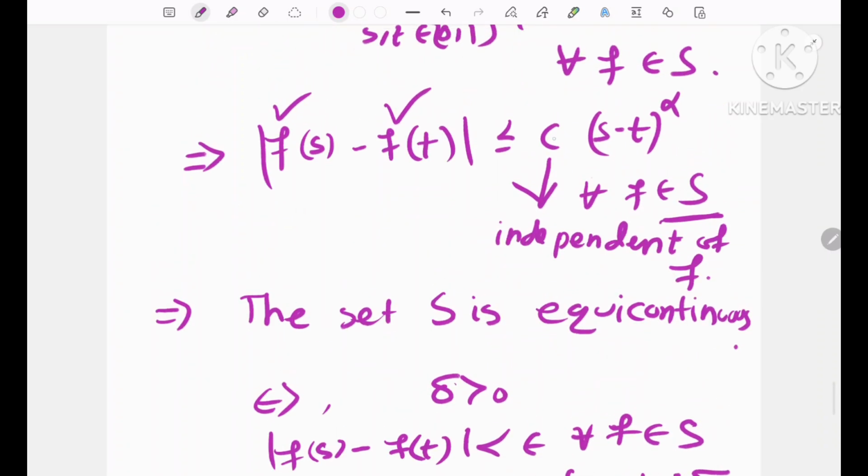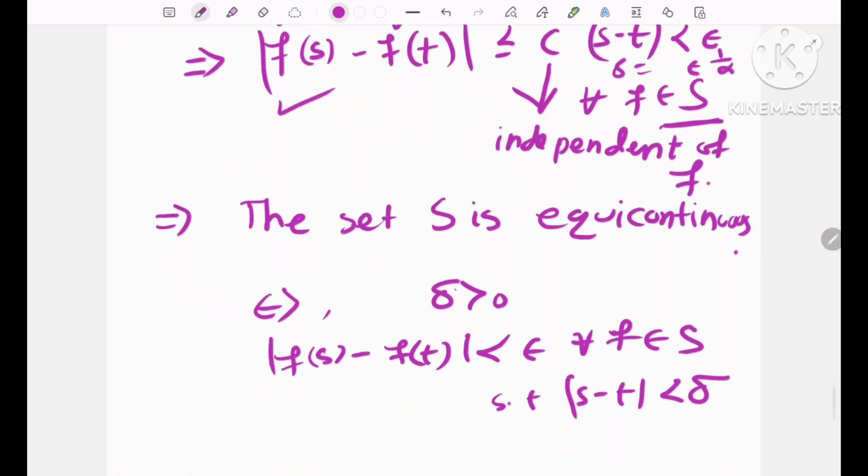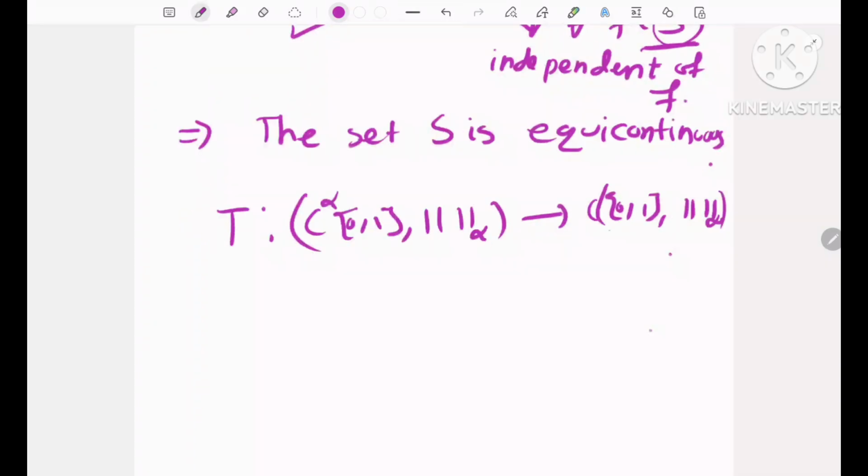Because our C is independent of f, we can simply take this less than epsilon, and then we calculate that our delta is epsilon to the power 1 by alpha. Then it works for all f, because this inequality is for all f. So our set S is equicontinuous.